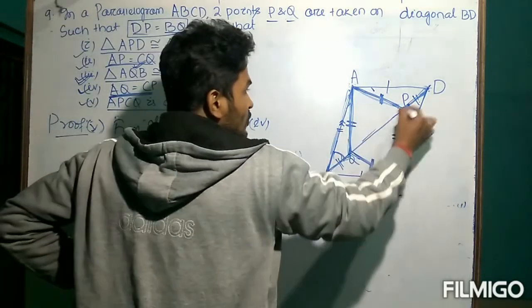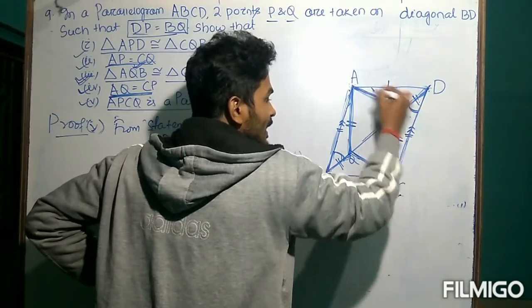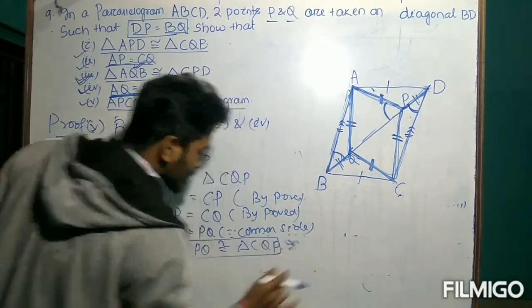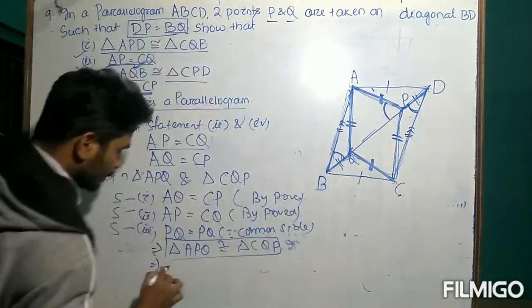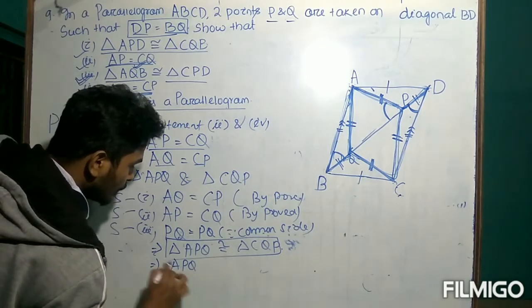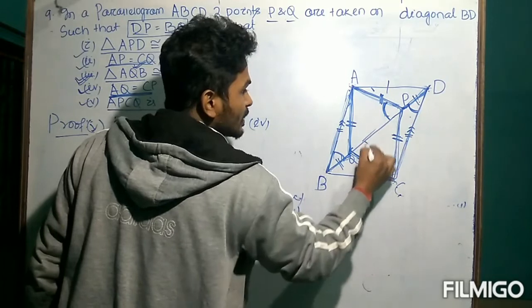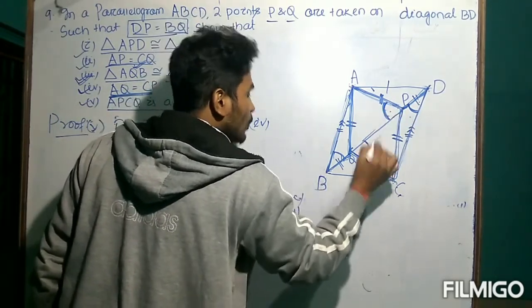So since this triangle is congruent to this triangle, then this angle, it means, or you can say, implies APQ is equal to, okay, this angle must be equal to this angle. Why?